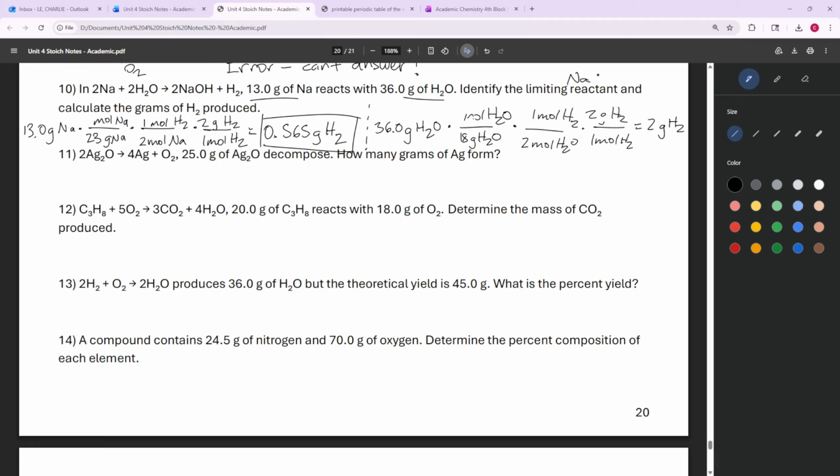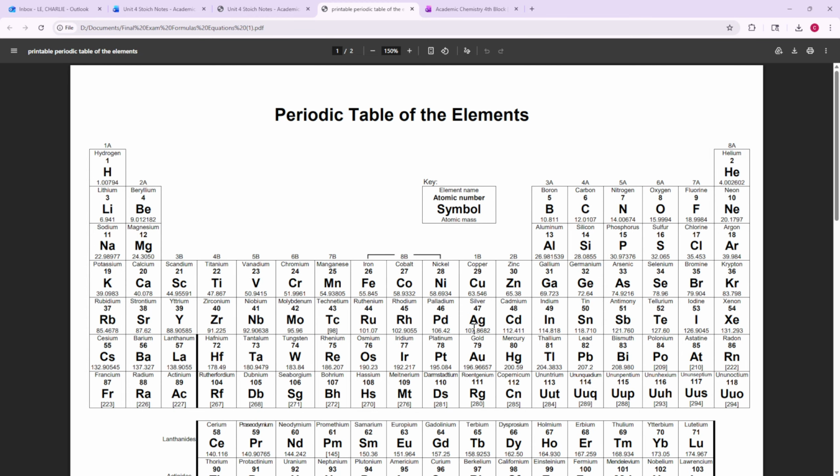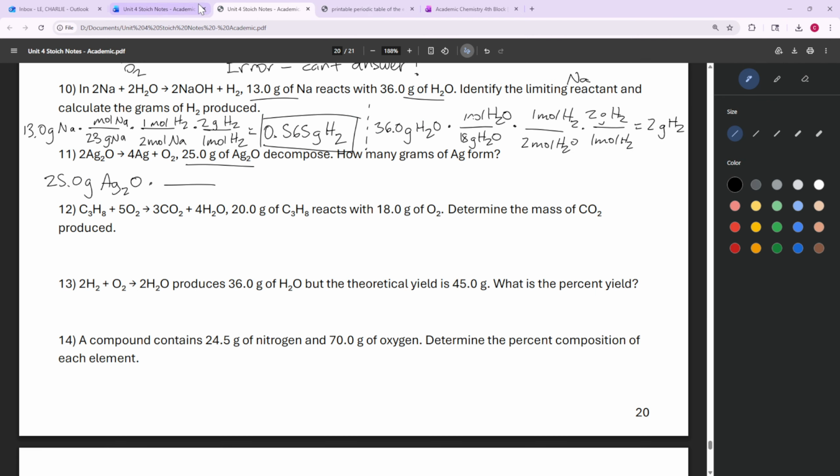11. So we've got silver oxide decomposing into silver. How many grams of silver form? Right, so we can answer this question. So we just start with 25.0 grams of silver oxide times, first we convert to moles. Silver is 107.8682 grams.